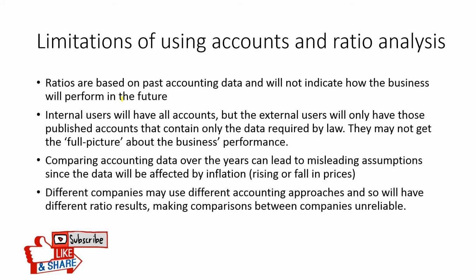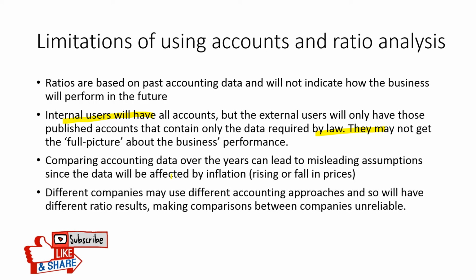Now, limitations of using accounts in ratio analysis. Ratios are based on past accounting data and will not indicate how the business will perform in the future. Internal users will have all accounts, but external users will only have those published accounts that contain only the data required by law, so they may not get the full picture of the business performance.